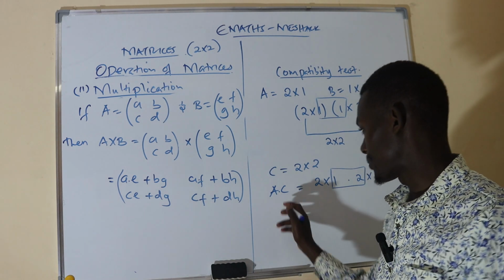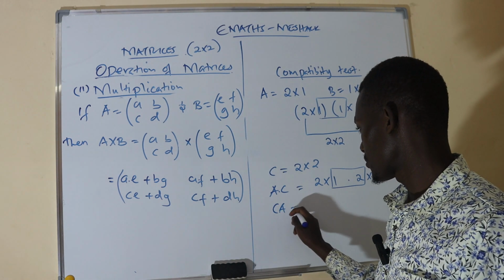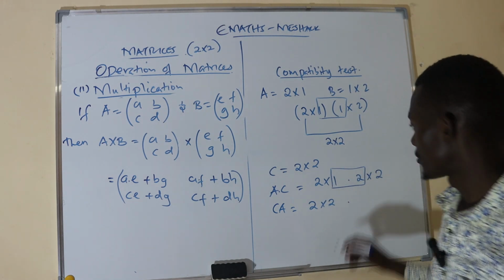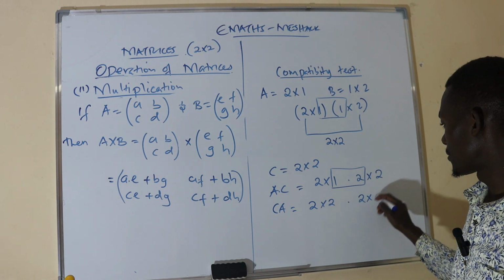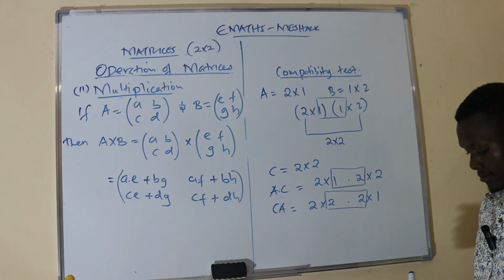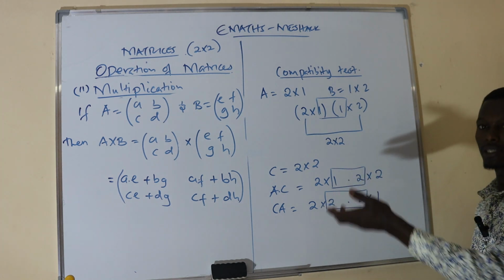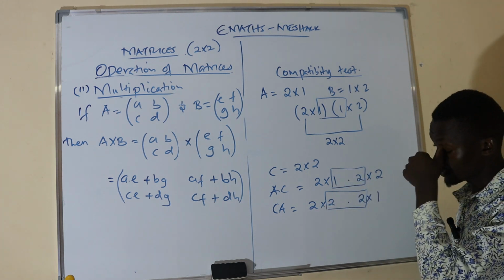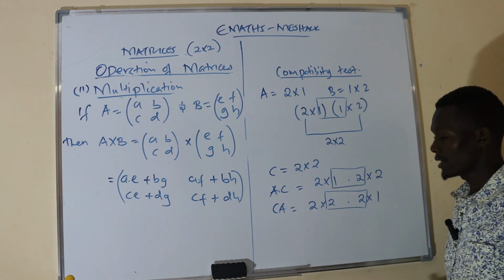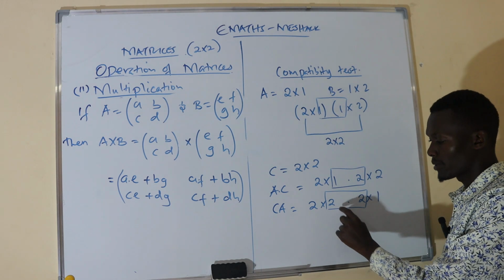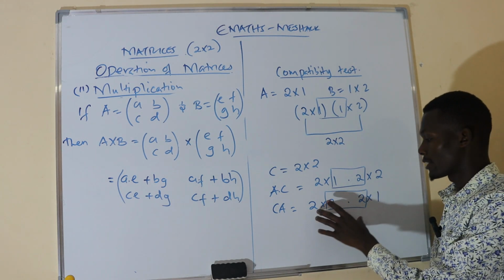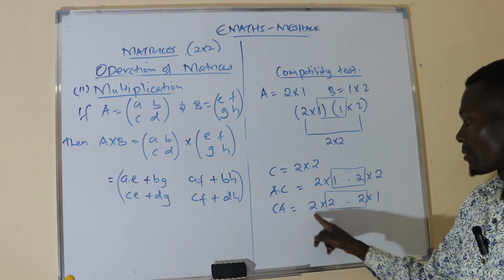But what about CA? C is a 2 by 2 and A is a 2 by 1. When you interchange the order of the matrices, with C first then followed by A, this is compatible because you have a 2 and a 2. Then the resulting matrix will be a 2 by 1.